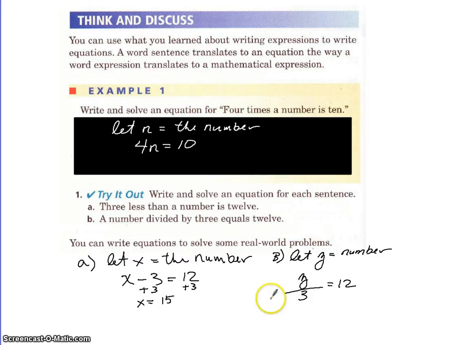The answer is we do the inverse operation. If we're dividing by 3, we're going to multiply times 3, and we'll do that to both sides. When you divide by 3 and multiply by 3, they cancel each other out, so you're left with just z. So z is equal to 12 times 3, which is 36.